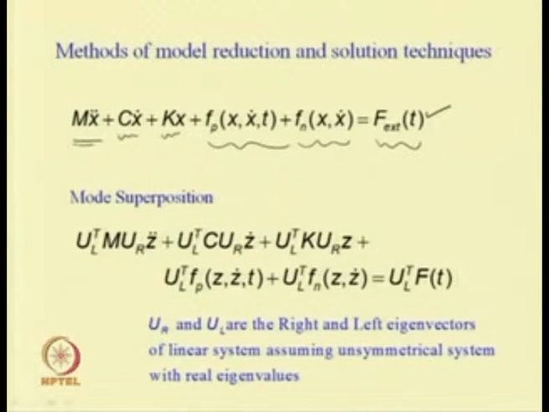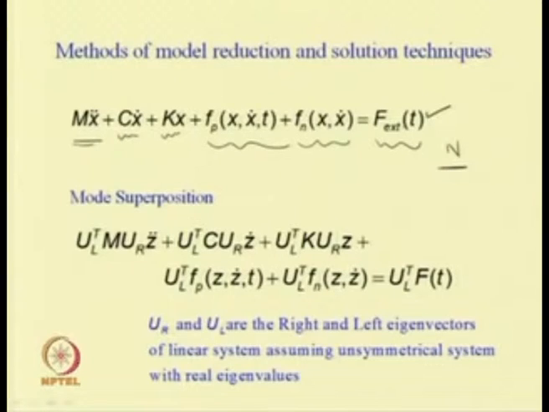So, these are the forces acting on the system, and one can write the equation of motion by using any method including the finite element method. So, this equation can be of n cross n, where n can take any dimension. Now, in this n dimensional equation the mass matrix, stiffness matrix and damping matrix are of n cross n size, and these are vectors of n cross 1.